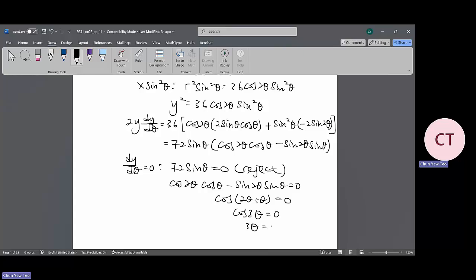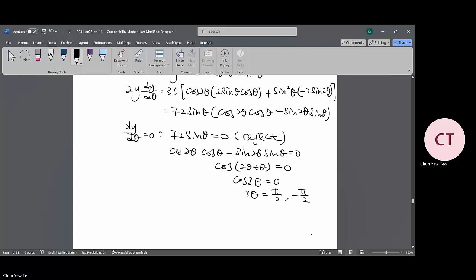Your 3 theta is equal to pi over 2 and negative pi over 2, because our theta is between pi over 4 and negative pi over 4 because of this reason.